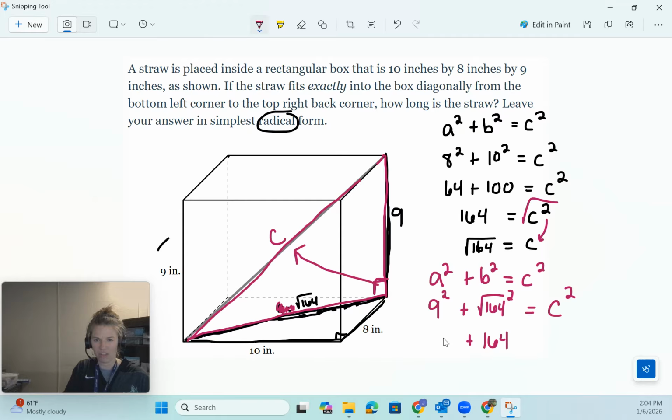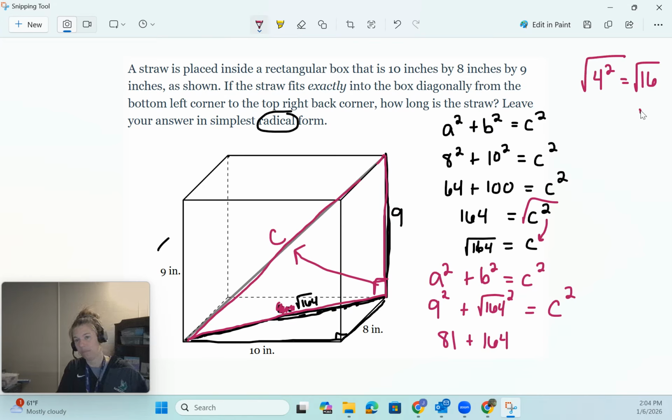To think about that in simpler terms, 4 squared equals 16, and if we square root 16, we end up with 4. So the same is true when we get a bigger number, such as 164. And that is all going to equal c squared. That 9 squared is the 81 that I've written here.